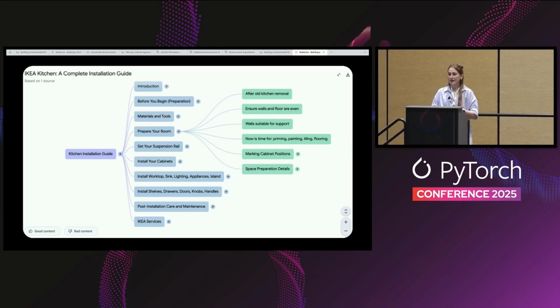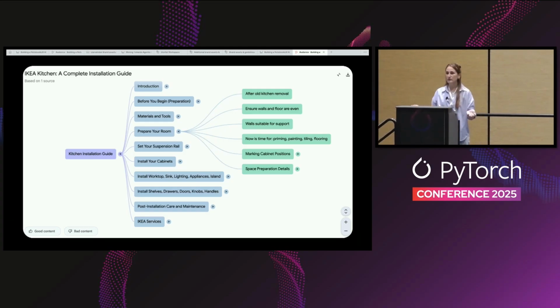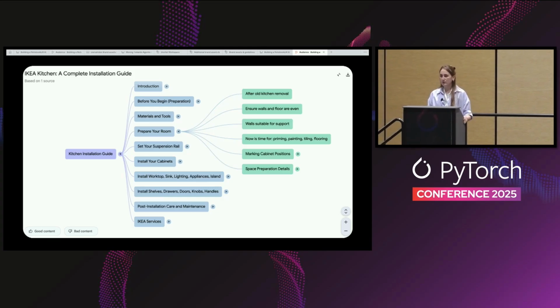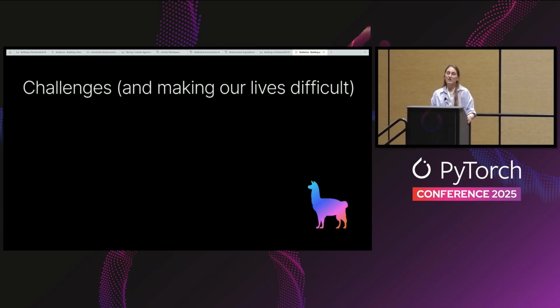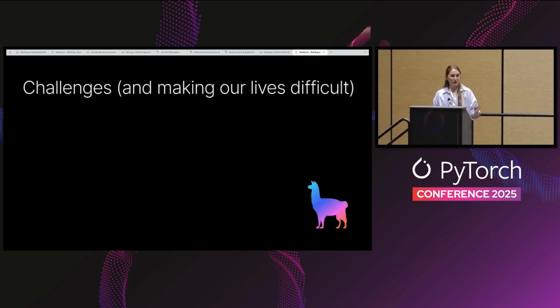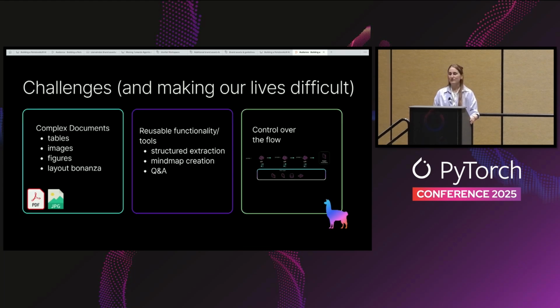So that's the challenge we set ourselves: how can we build something? We work at LlamaIndex, we have many tools that could help us build this. How could we do it? And we also set a few other challenges for ourselves. We wanted to basically build a NotebookLM. I'm not going to call it a clone, let's call it a duplicate. We wanted to build a NotebookLM that would be able to handle pretty complex file types.